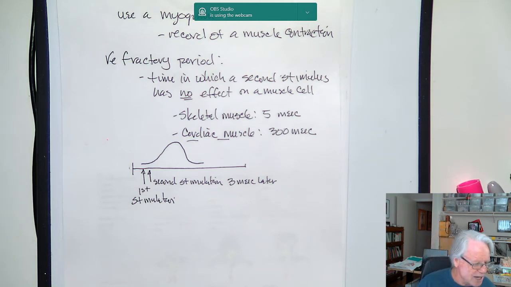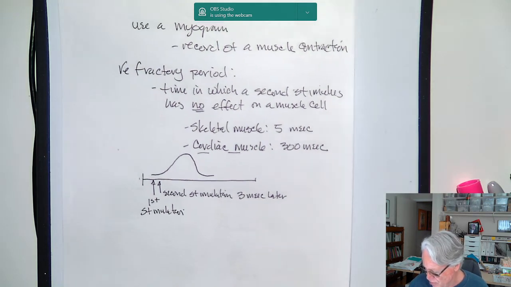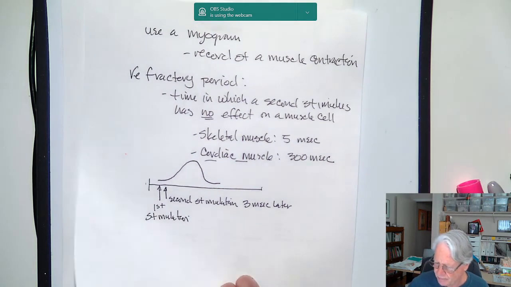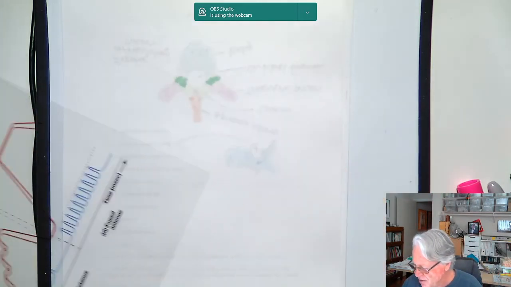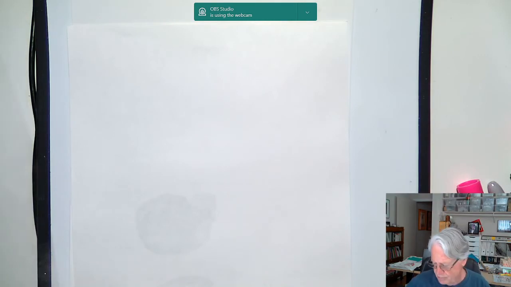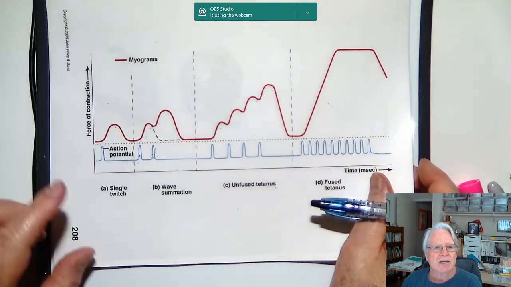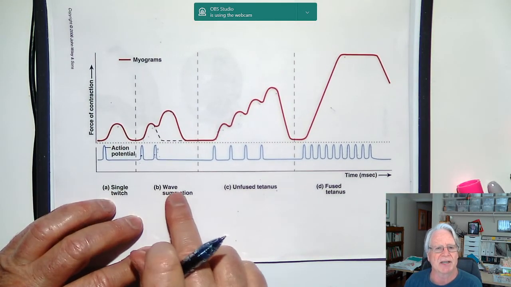All right, so what happens if we get a second stimulation outside of the refractory period? Let's take a look at this chart and see what happens. So here's our single twitch. We've graphed it. Now here's a wave summation.